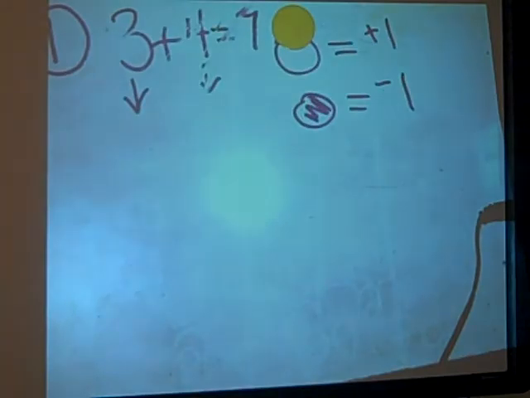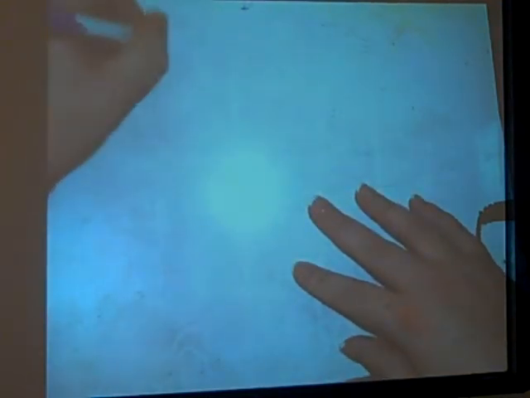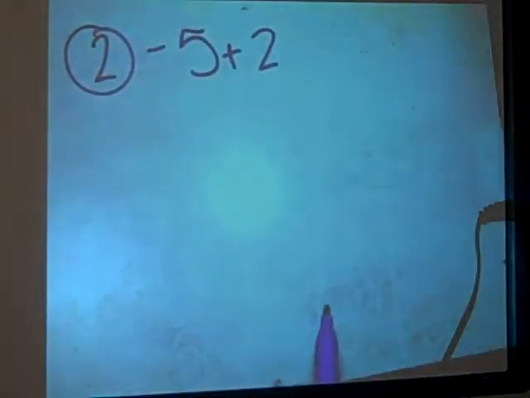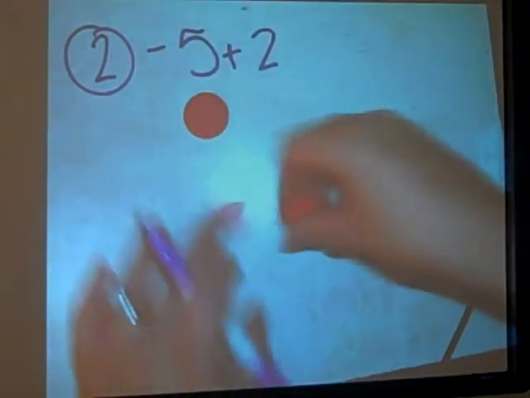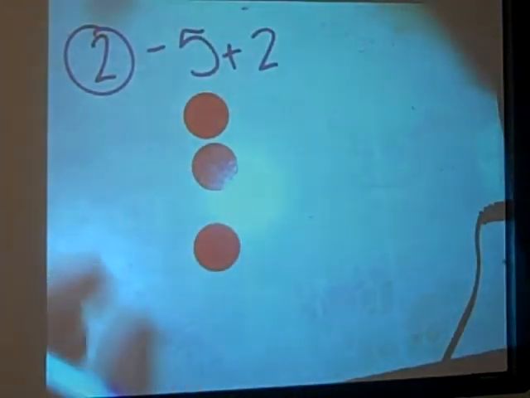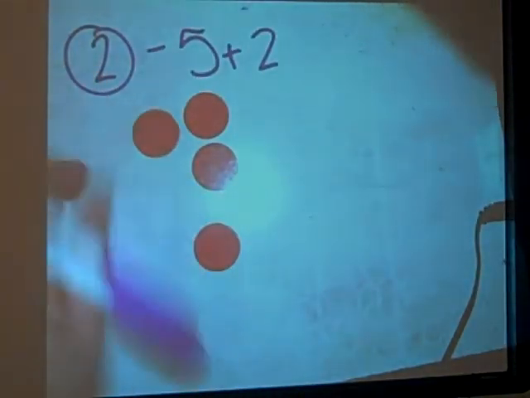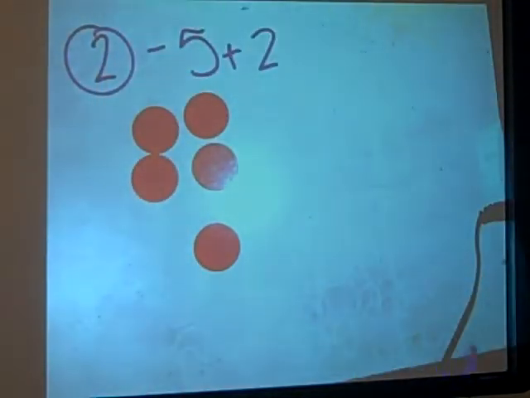Let's change it up so that we do have some negatives involved. Let's model together -5 plus 2. My first number is -5, so I need to pull out 5 red chips. So I have 5 red chips.